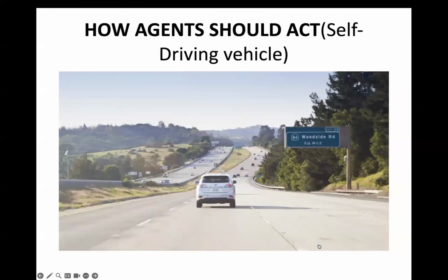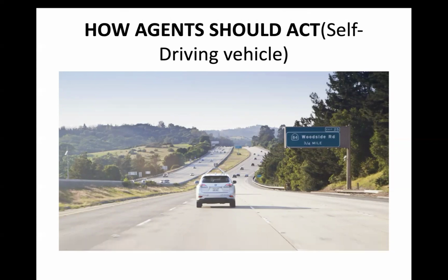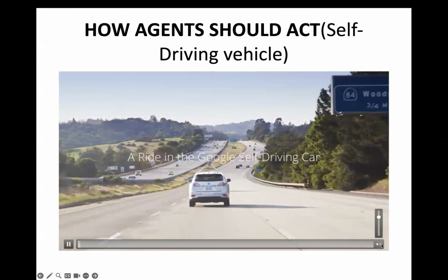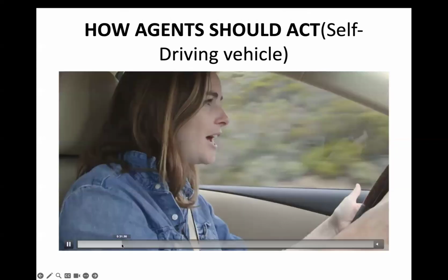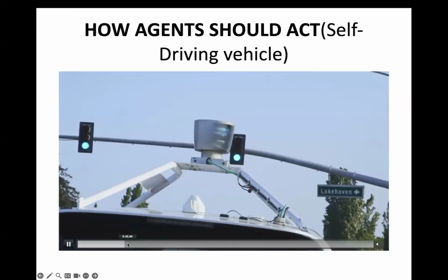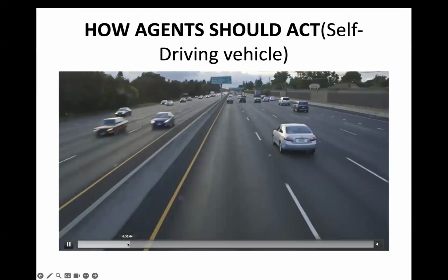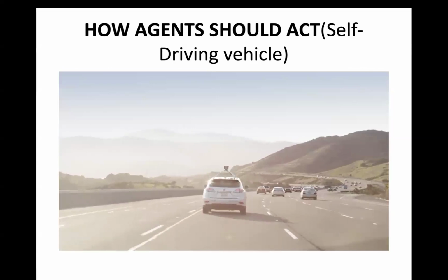Okay. The last agent that we'll talk about is a self-driving vehicle. Now, a self-driving vehicle has a goal. It's supposed to move around to take people from one place to the other. As it is moving, one of the things it has to do is know where it is in the environment.